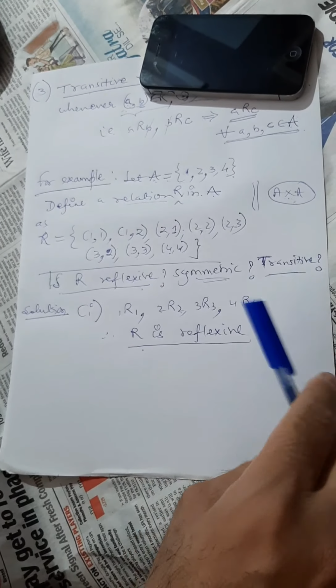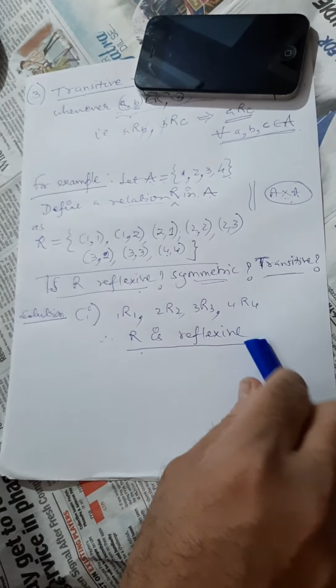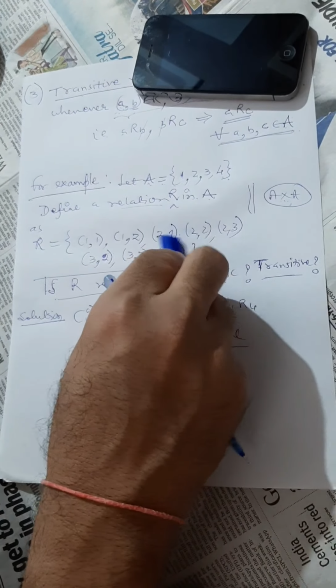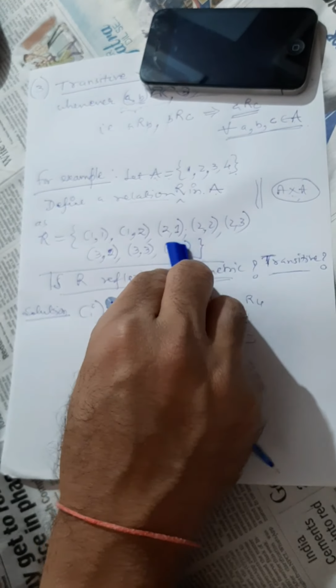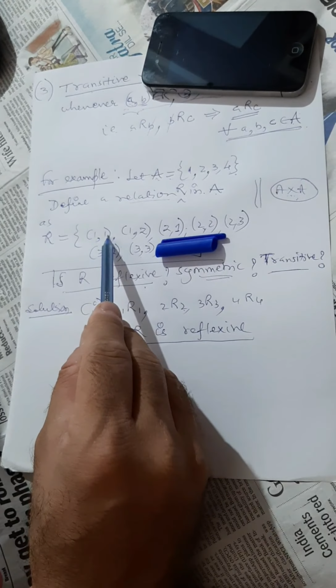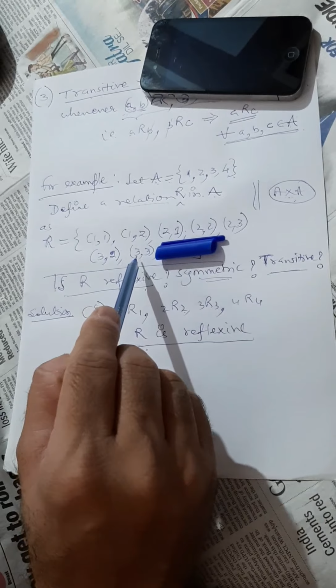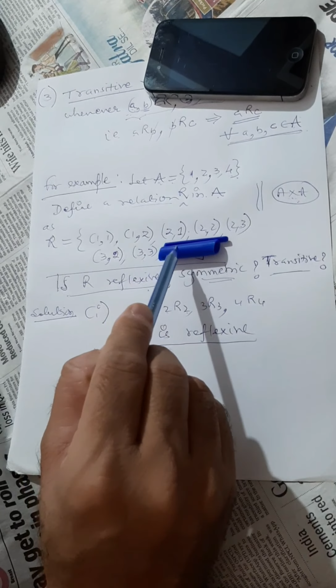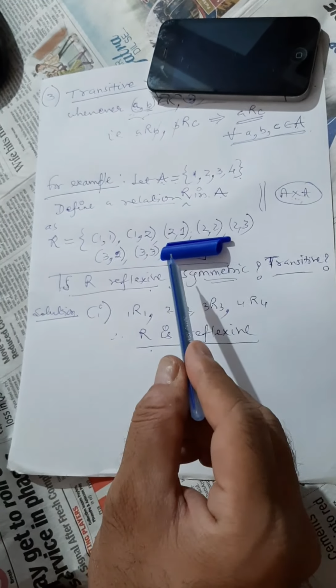In case I drop this, for example, suppose I have dropped this 4 comma 4, sorry, then this will not be reflexive, because 1 comma 1 is there, 2 comma 2 is there, 3 comma 3 is there. But if I drop this, then it will not be reflexive.